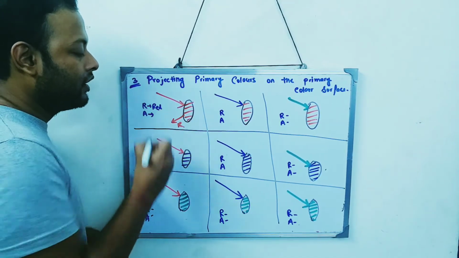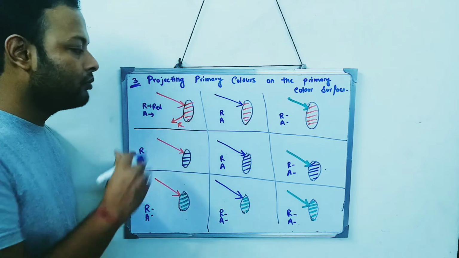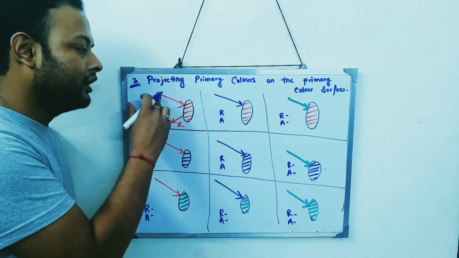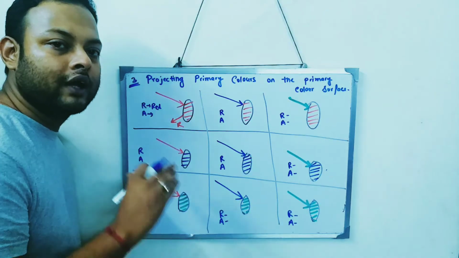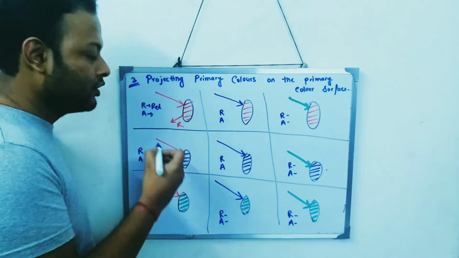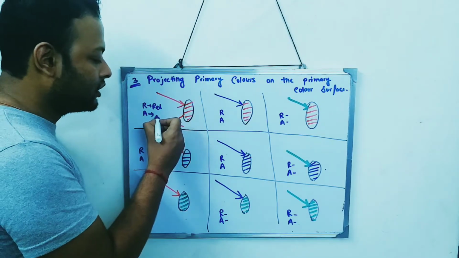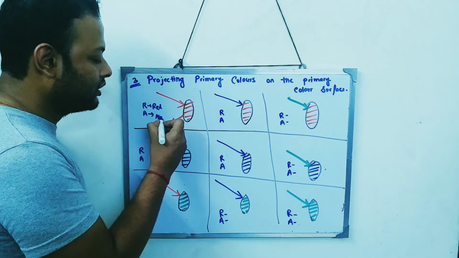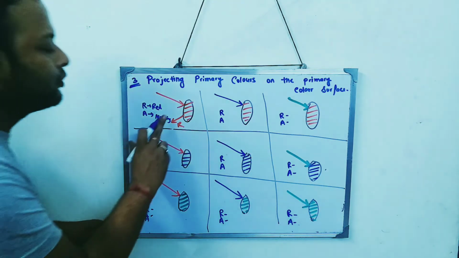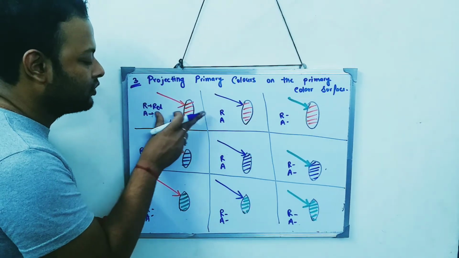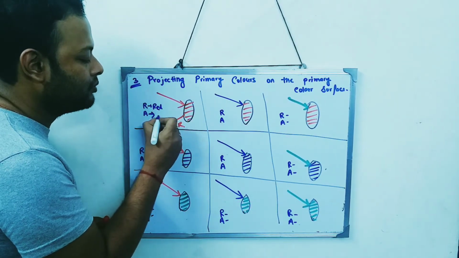And what is getting absorbed? As red color is coming and red color is getting reflected, what is getting absorbed? The answer is nothing. So I'll write nothing over here, or I can put a dash sign so that you can understand. Nothing is getting absorbed.